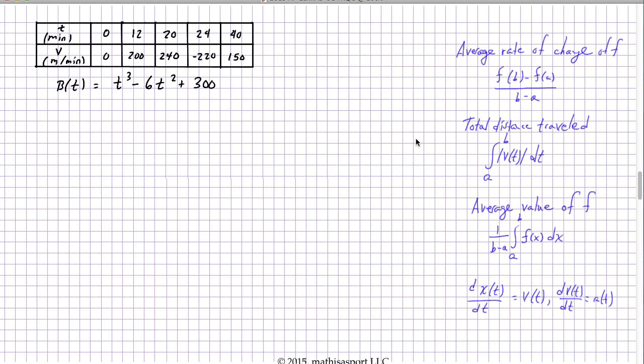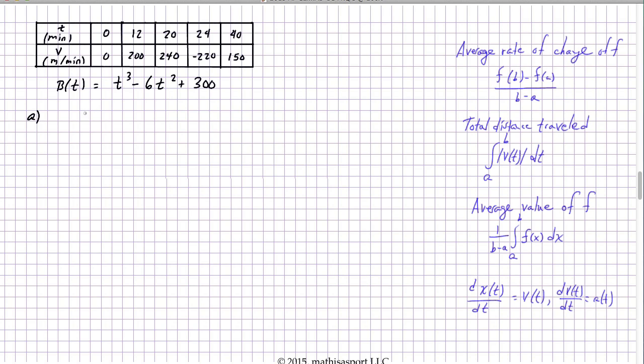We're going to need average rate of change of a function. We'll need to recognize total distance traveled. We'll need to know how to calculate the average value of a function. And all the while, we need to keep in mind the relationship between position, velocity, and acceleration. So let's start with part A.